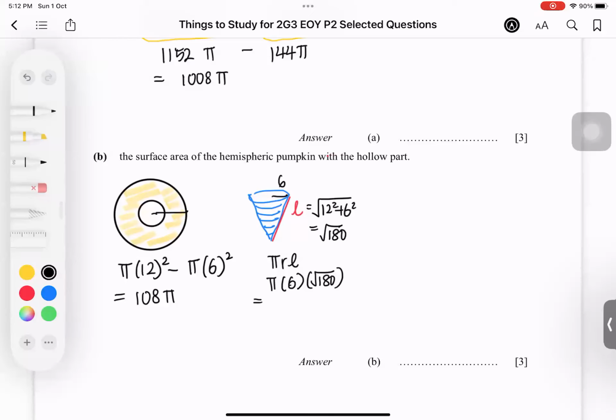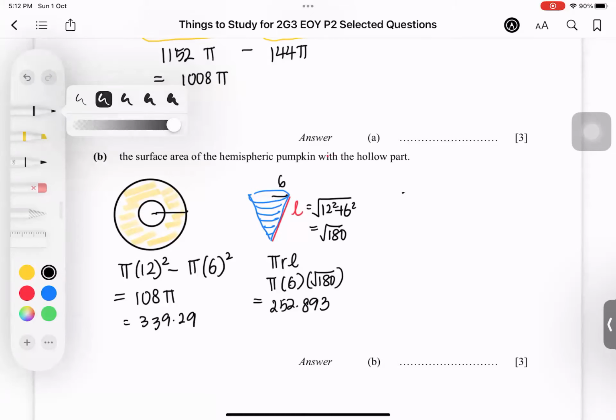Pi times 6 times square root of 180 gives me 252.893. Let me just calculate this as well: 108 times pi, 339.29.